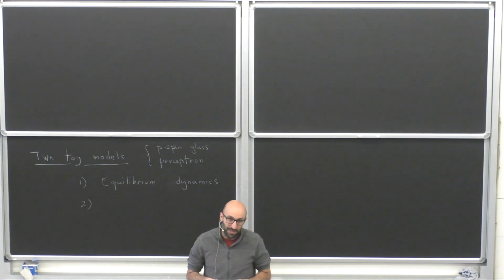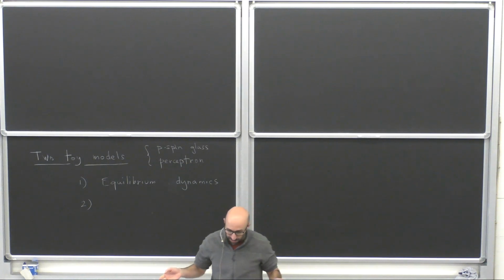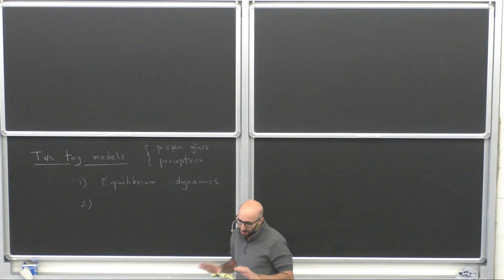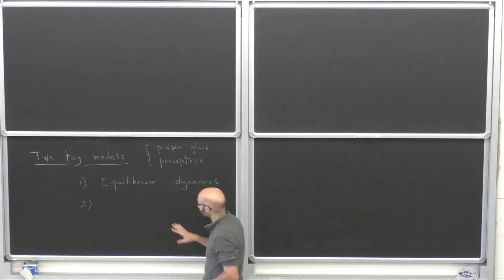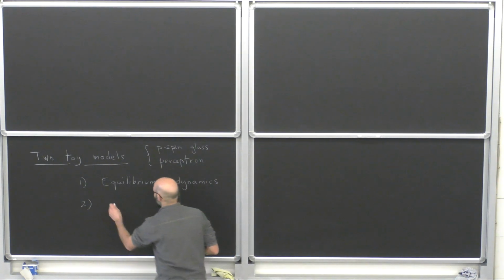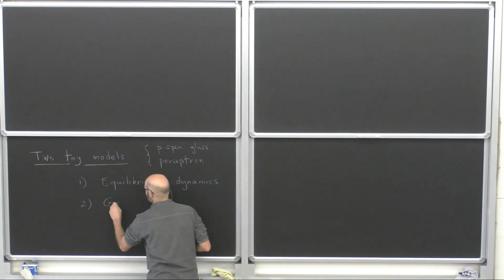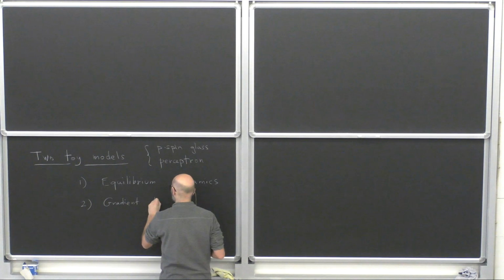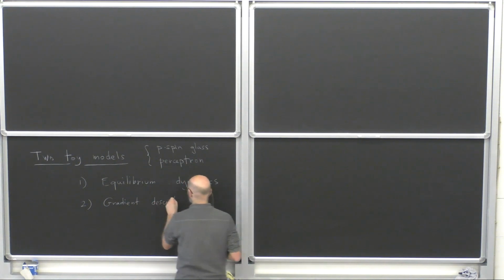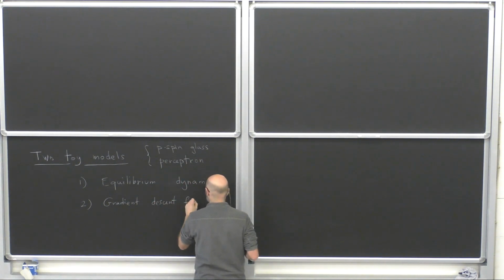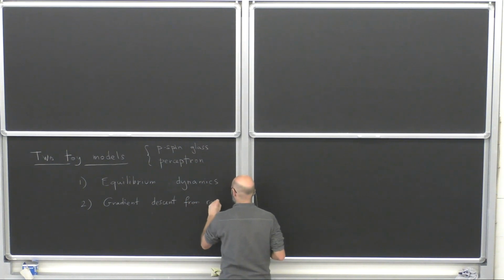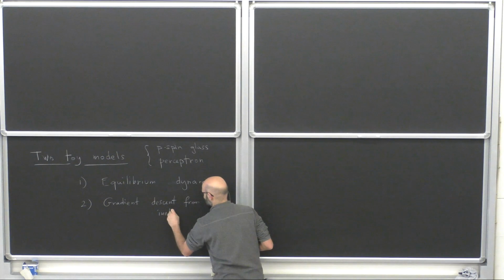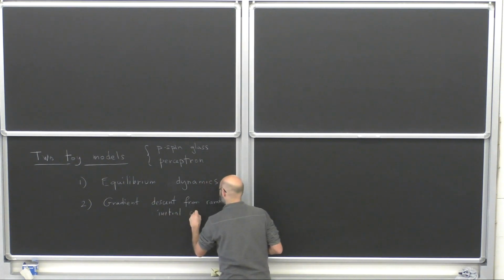So then, very naturally, what you need to study is out of equilibrium dynamics. And when you go out of equilibrium, you can go out of equilibrium in many different ways. So I will study the simplest out of equilibrium dynamics, which is gradient descent from a random initial configuration.